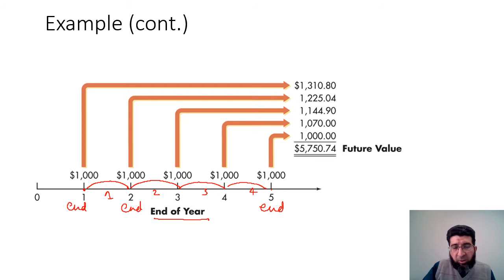So the fifth year is the end of the year, and it's also the end of the time period as well. So we do not invest here. This means that we have n equals 4 years. So we can calculate using the single payment formula. Treat this 1000 as a single payment, and that would be future value.